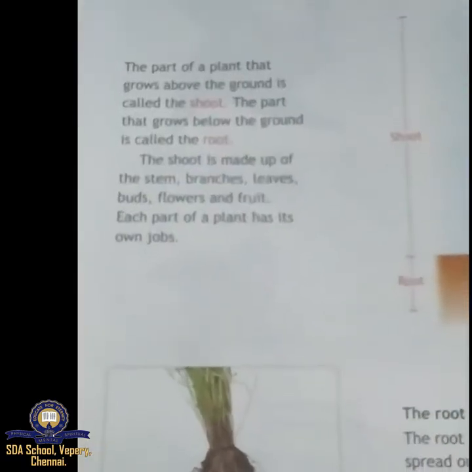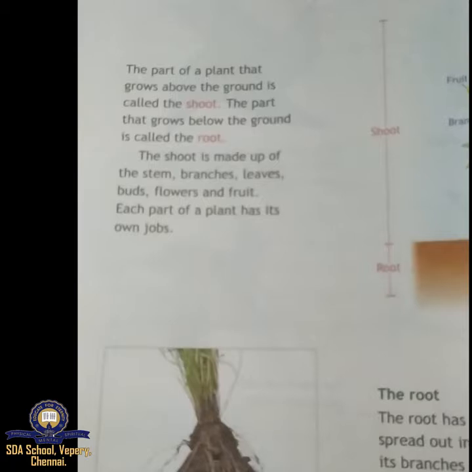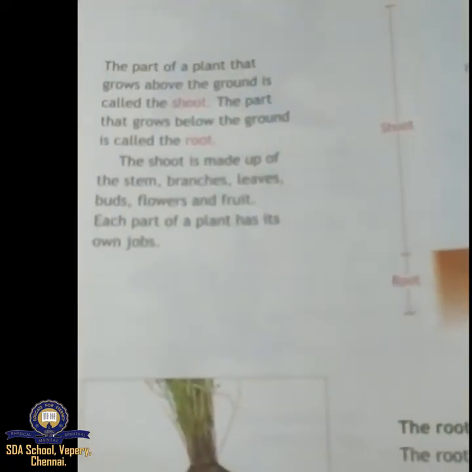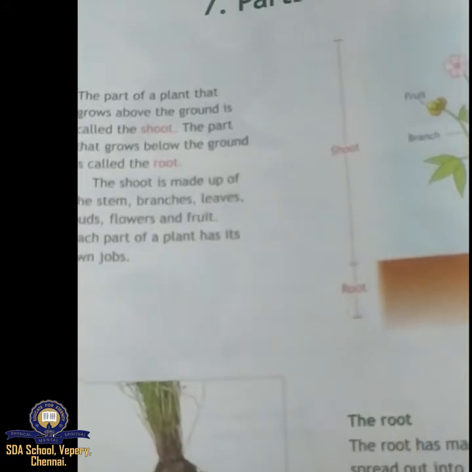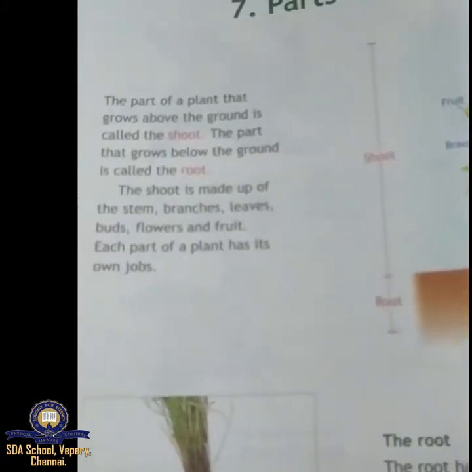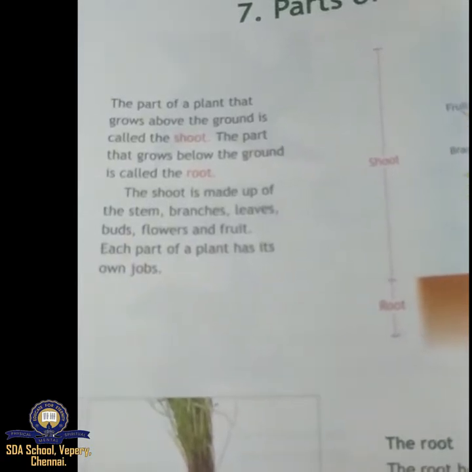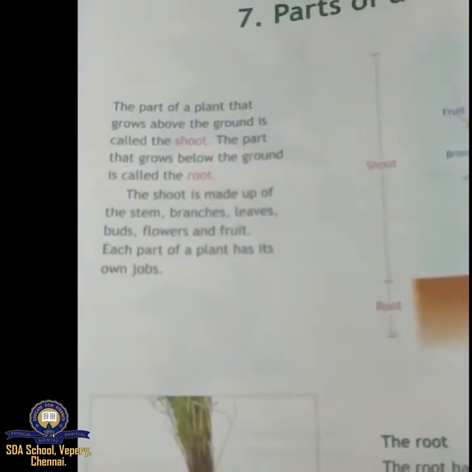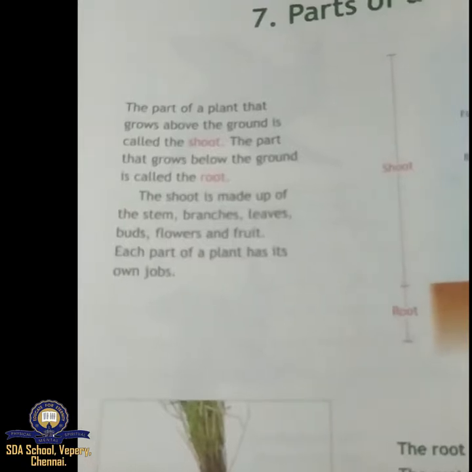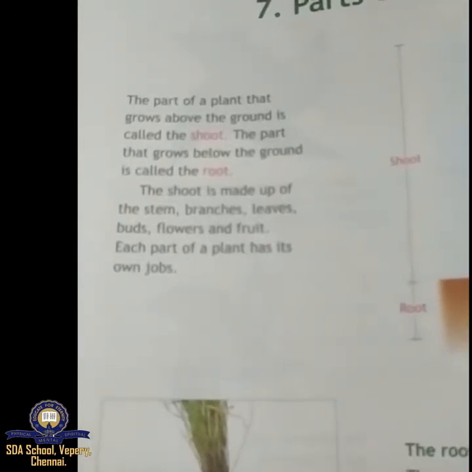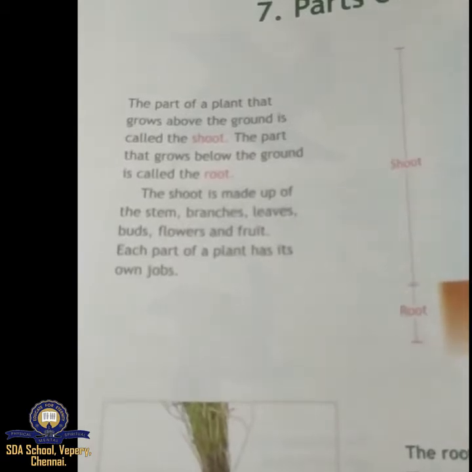The parts of a plant that grow above the ground are called shoot. First we saw the parts of the plant, what are they? They are flowers, fruits, leaves, branches, stem, etc. What is a shoot?